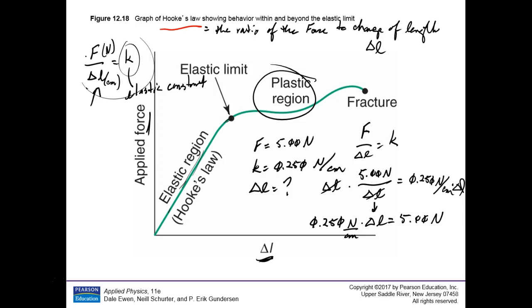How do we do that? Well, the operation that undoes multiplication is division. So we'll divide both sides by our 0.250 Newtons per centimeter. I keep leaving off the per centimeter. Divide over here by 0.250 Newton per centimeter.